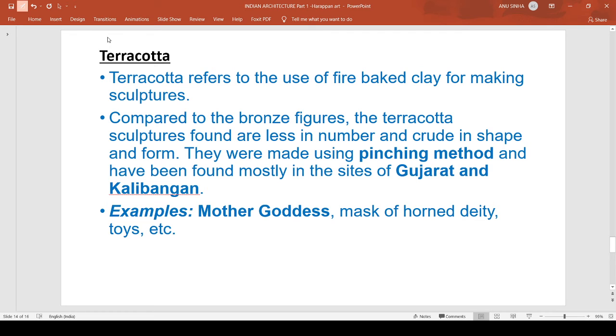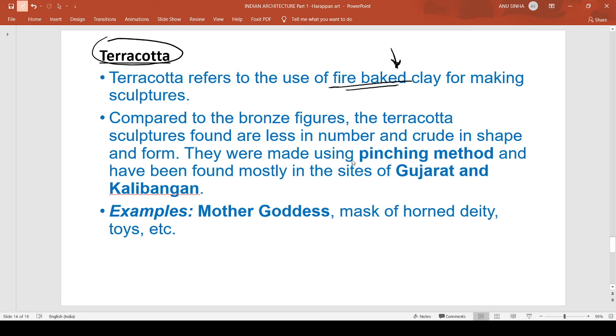Now moving to terracotta. Terracotta refers to the use of fire-baked clay for making sculptures. So in this, we bake the clay and use it for making sculptures. Compared to the bronze figures, the terracotta sculptures found are fewer in number and crude in shape and form.